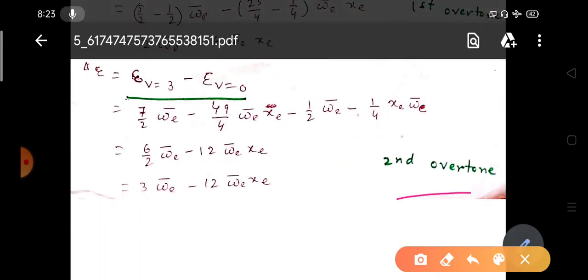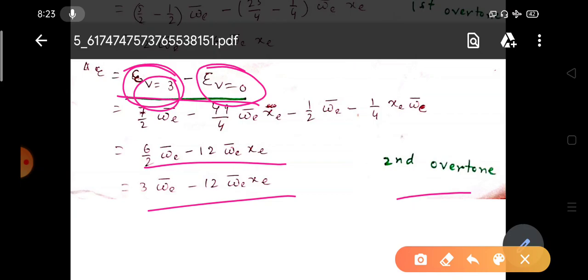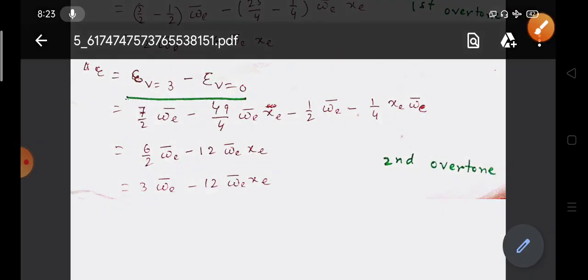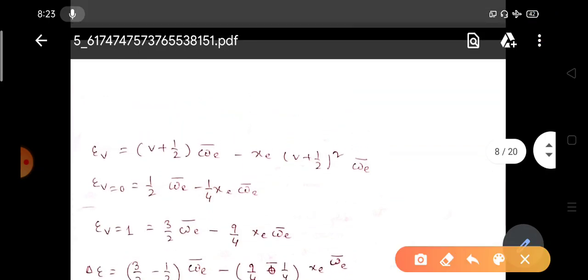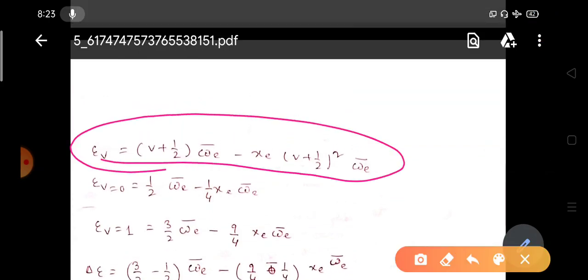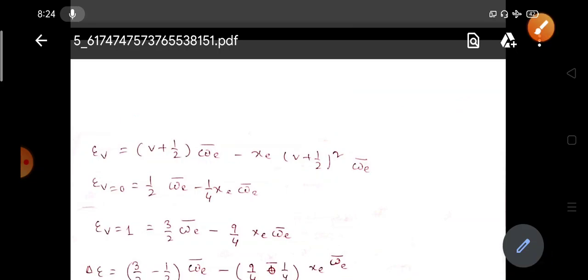The second overtone band will occur for the transition between the vibrational energy levels V equals 3 to V equals 0, and after calculating we get the value as 3 omega e minus 12 omega e xe. So all you have to do is put the value of V in this energy expression and calculate the energy difference between the two levels, and that energy difference will give you the spectra.